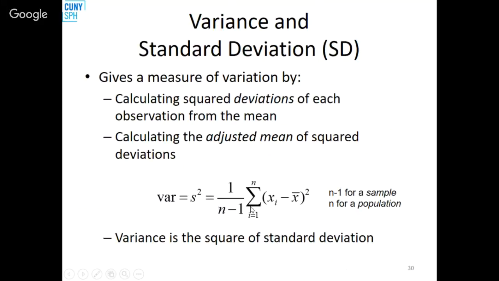To give some intuition for why this is required to get an unbiased estimate of the variance. An unbiased estimate is one where if we continue taking samples of the same size, take 1 million samples, calculate the variance on every one of them, then we take the mean of all of those variances that we calculated.